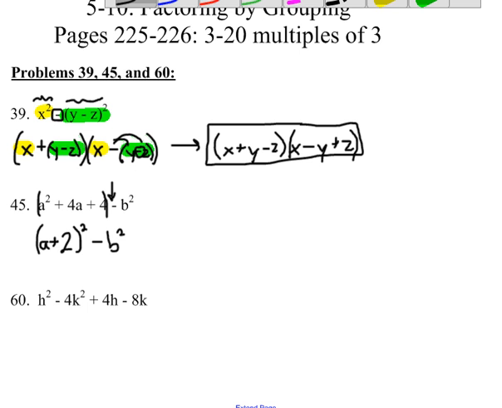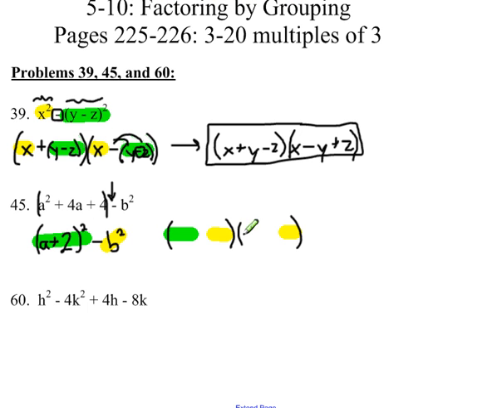Let's go ahead and put the parentheses in again, and let's show that with the highlighter. The b squared is going to be b times b over here. And I'll put those in a minute. And then the a plus 2 squared is going to be here and here.